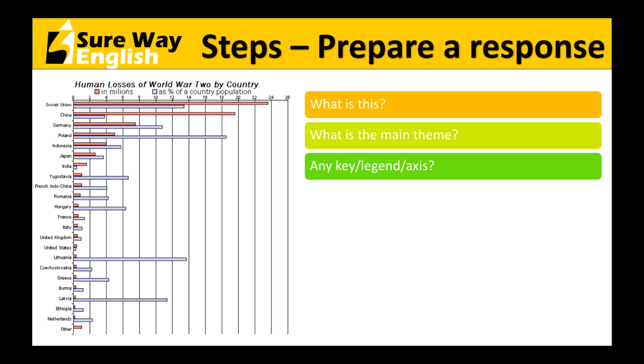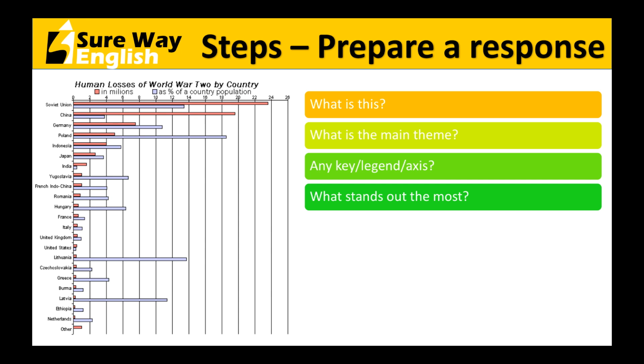So you can now say that the bar graph shows the human losses by country, and it presents this information in two forms, in millions, in absolute numbers, and also as a percentage of that country's total population. After that, try to look for what stands out the most. Means, what's the most striking feature of that image? What is the highest point or what is the lowest point?